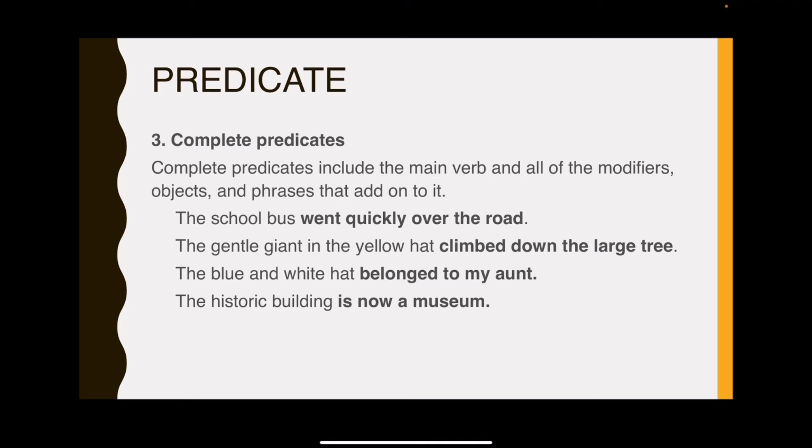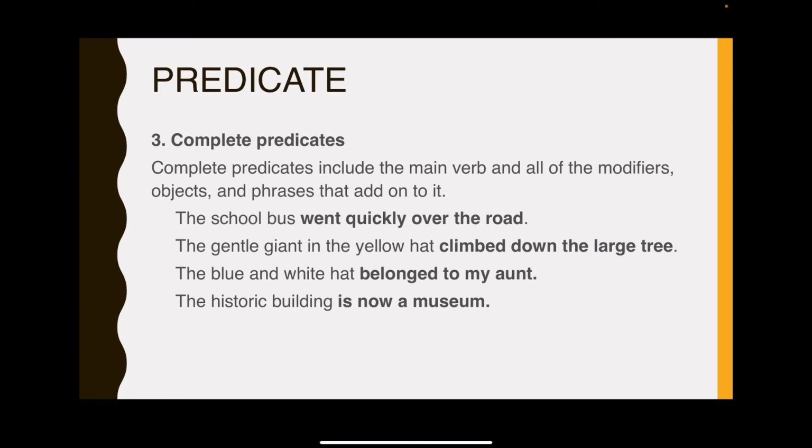We can use an adverb to modify the verb, and also a prepositional phrase, because the prepositional phrase can do everything. Okay, so let's see. Complete predicates include the main verbs and all of the modifiers, objects and phrases that add on to it. Everything is included, okay?